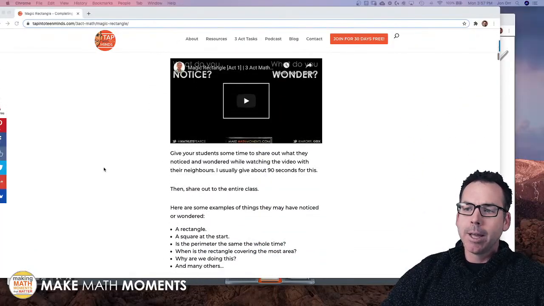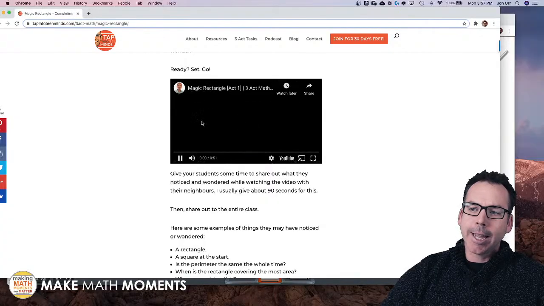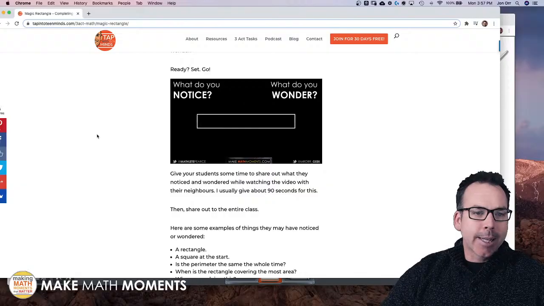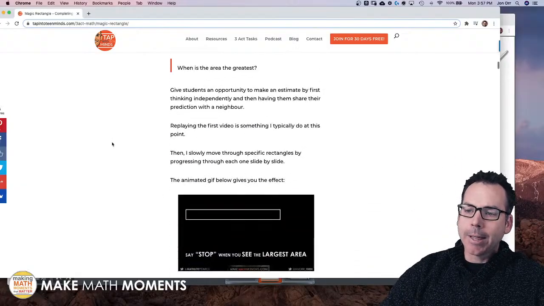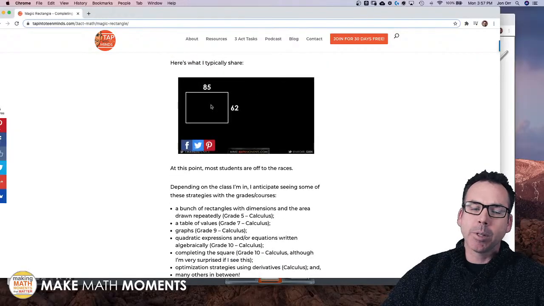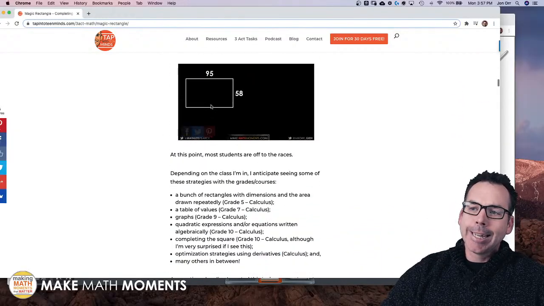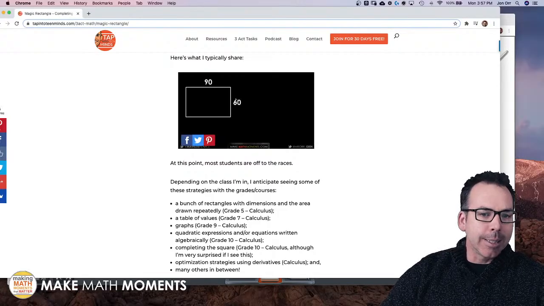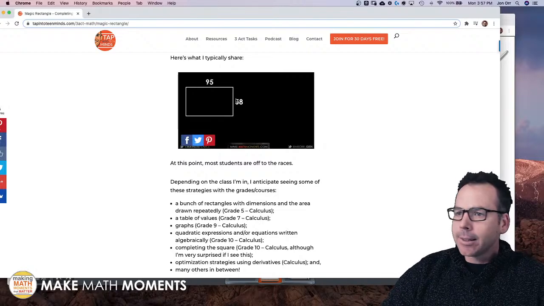However, we start with kind of just showing this rectangle and how this rectangle is growing or changing. And we ask kids to notice and wonder out loud. And then once they notice and wonder, we start to show them a little bit more information that, hey, we got some dimensions. And for every increase of width by 5, the length decreases by, I think, 2.